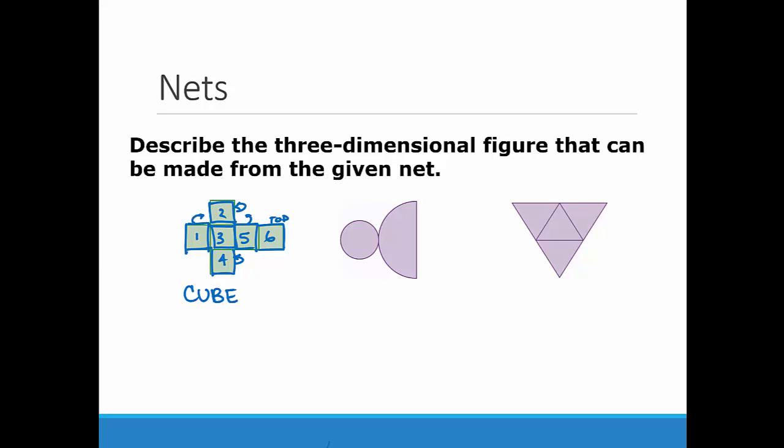Where this one is a little easier, you have this base of a triangle, and then these guys have to fold up. And they're all going to fold up and meet in the center, and that's going to create a vertex. So this is a triangular pyramid. Forms a point. Now this one's a little harder, but based on the shapes we know, it has a circular base.